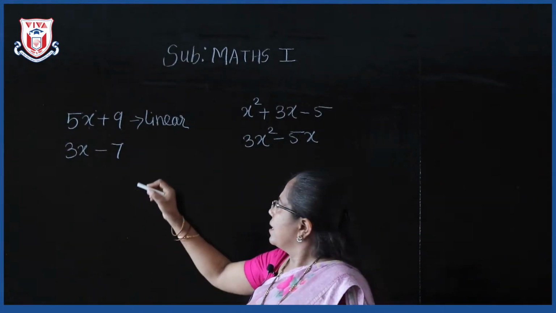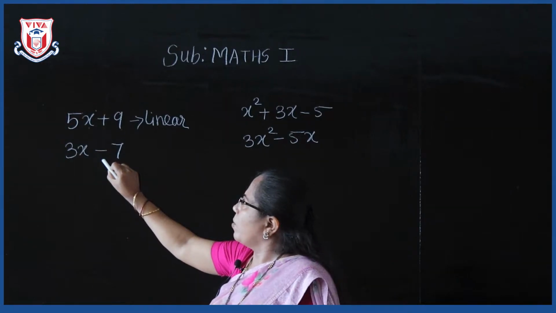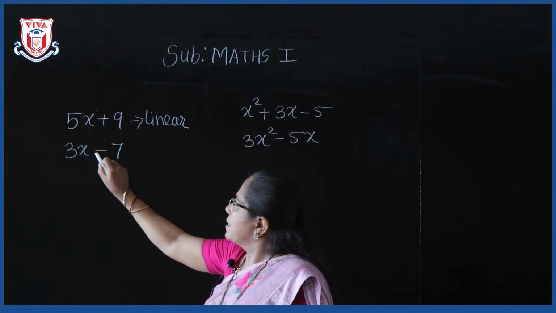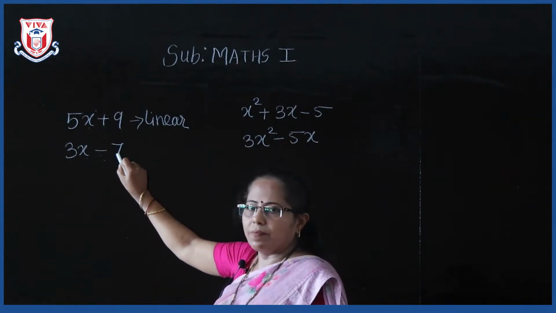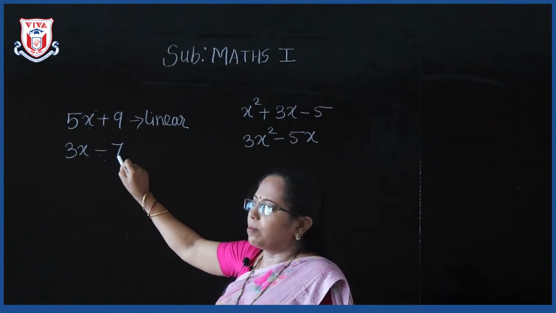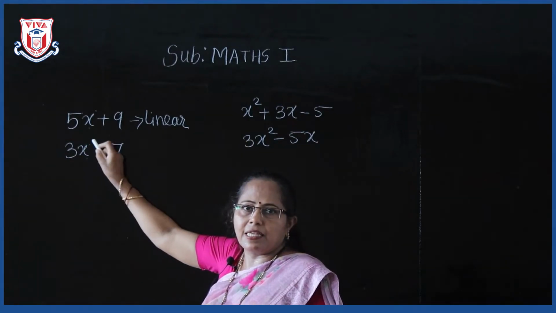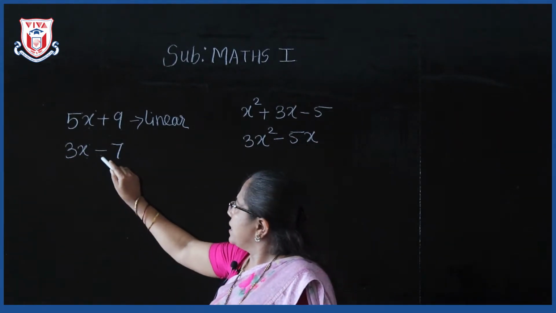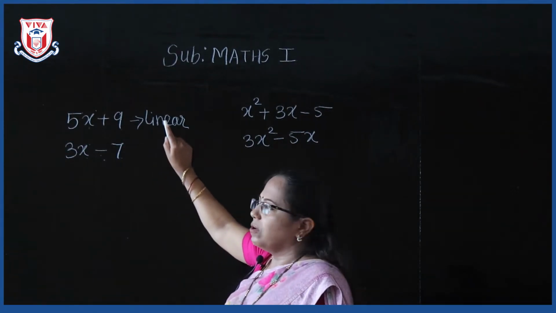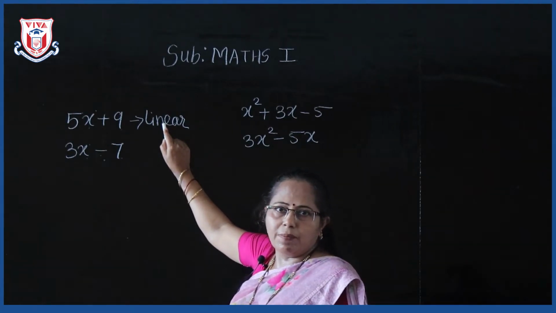Now the second polynomial, 3x minus 7. In this polynomial also the maximum index number of variable x is 1. So this polynomial is also a linear polynomial.